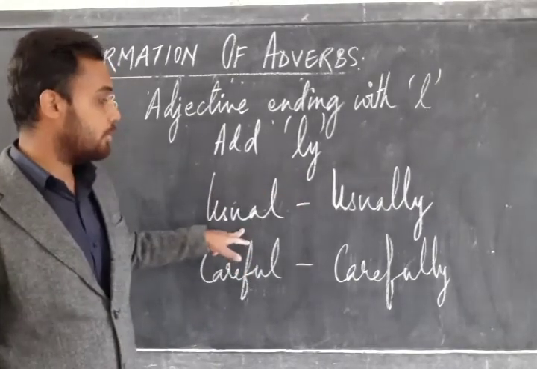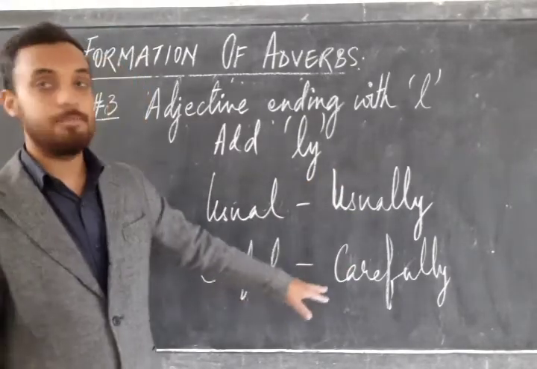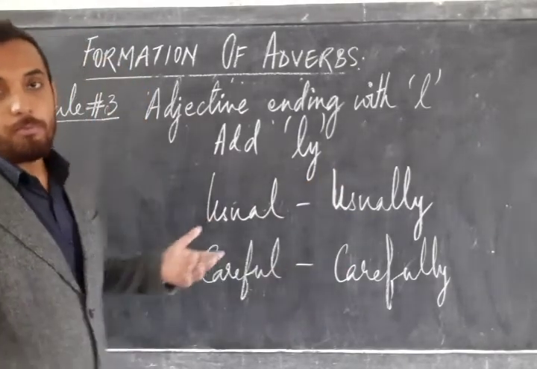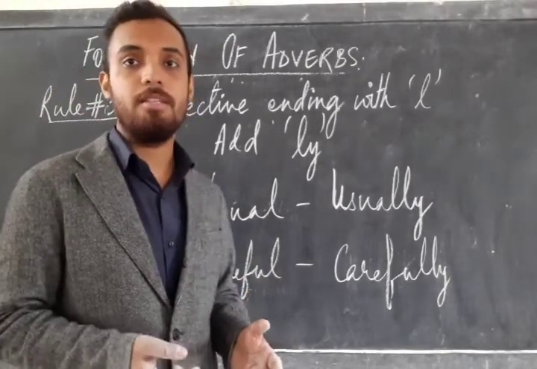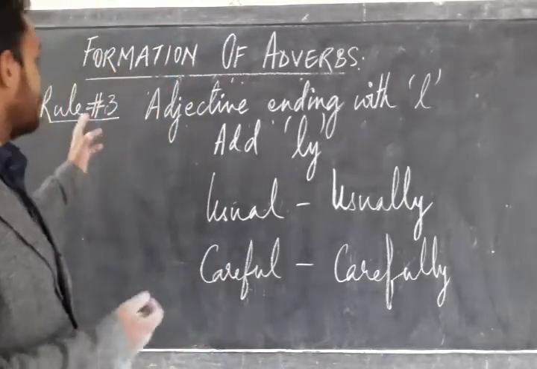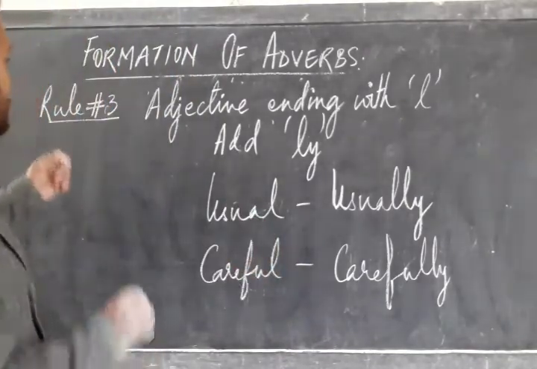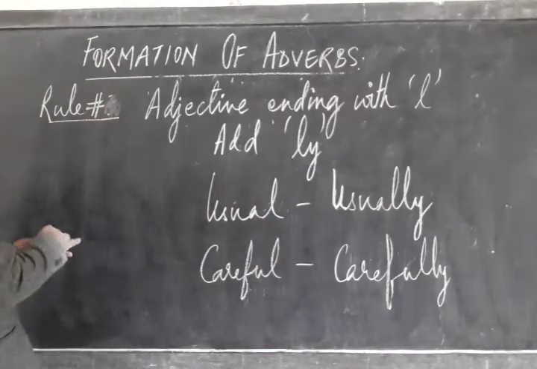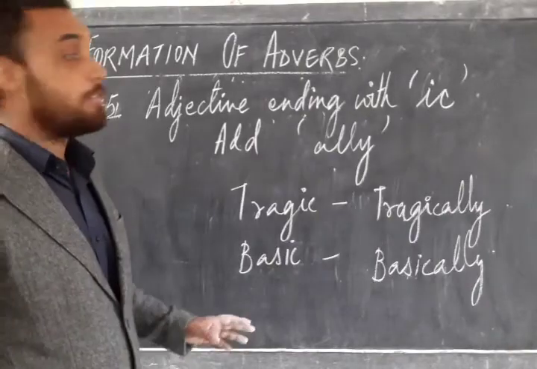Usual becomes usually. Careful becomes carefully. Hopeful becomes hopefully. General becomes generally. So these are examples for rule number 4.